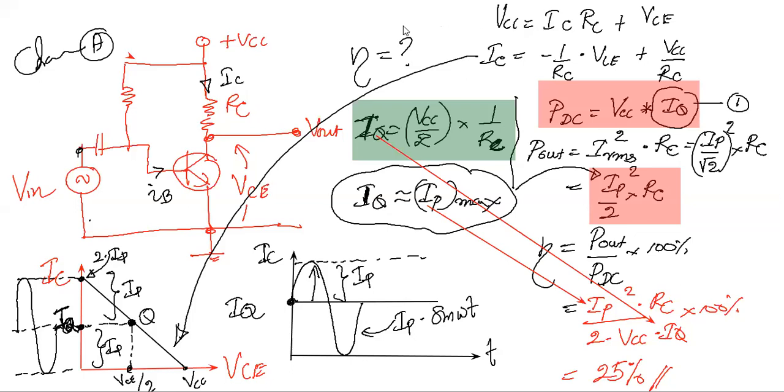Now I go to the second one, just write down the heading as the capacitor coupled class A amplifiers. I will show you the circuit diagram.